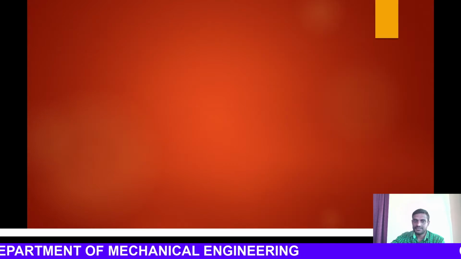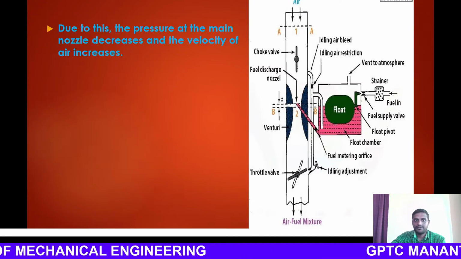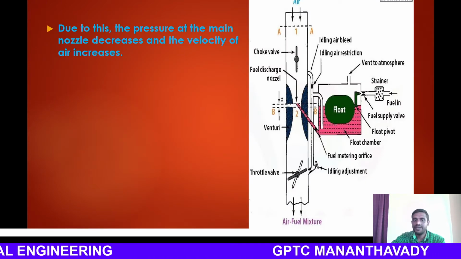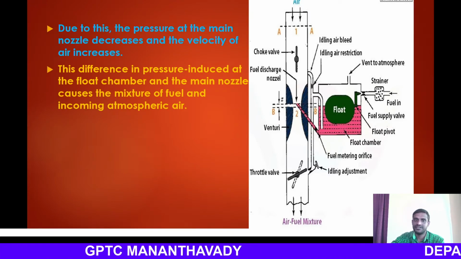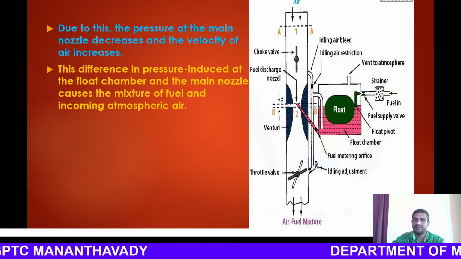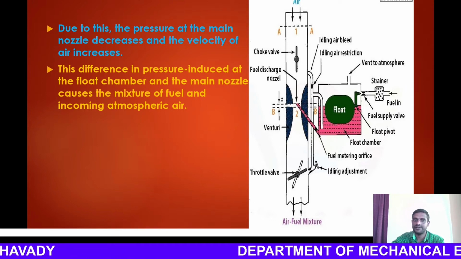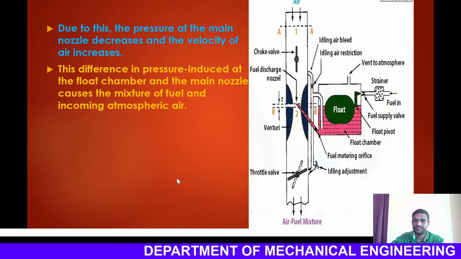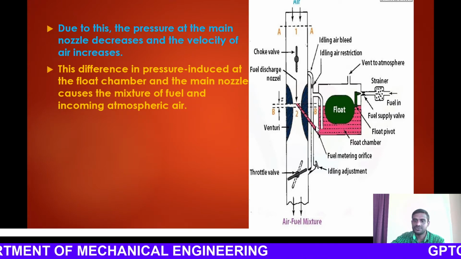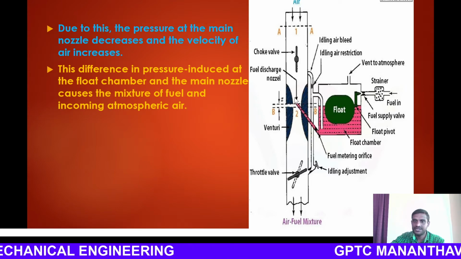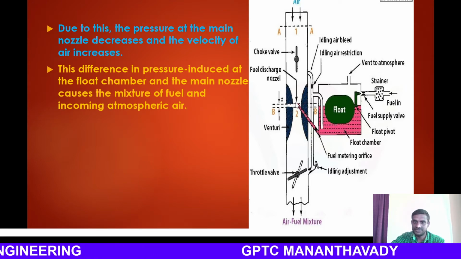Due to this, the pressure at the main nozzle decreases and the velocity of the air increases. This difference in pressure induced between the float chamber and the main nozzle causes the mixture of the fuel and incoming atmospheric air. Due to this low pressure, the fuel from the float chamber rises through this fuel metering orifice, and it is discharged through the fuel discharge nozzle.